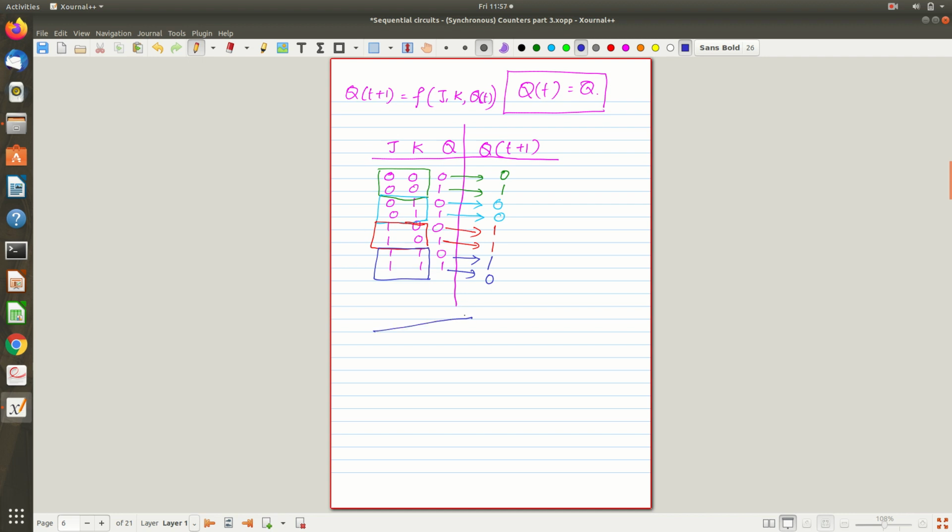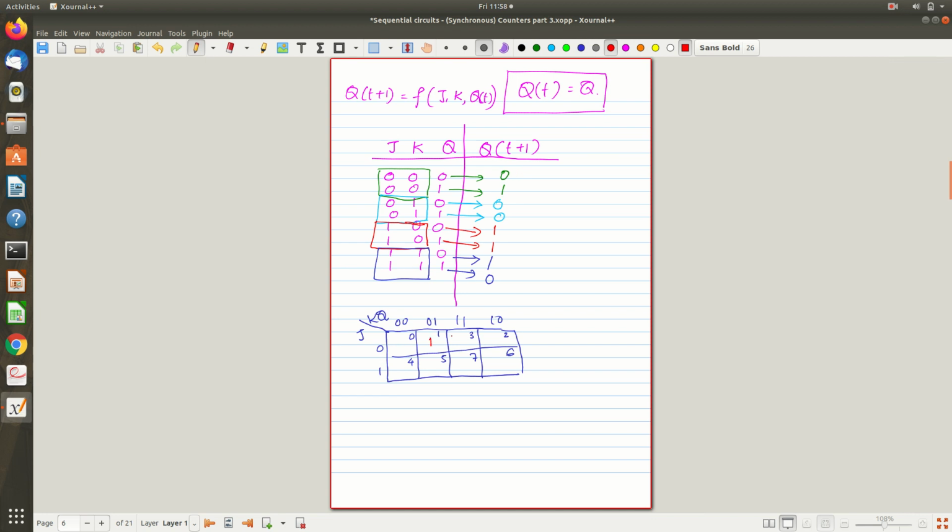So K-map, one second. I will draw it. As I drew that template of the K-map, now you can fill in the values.